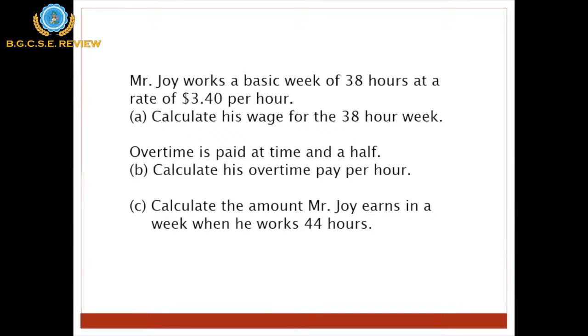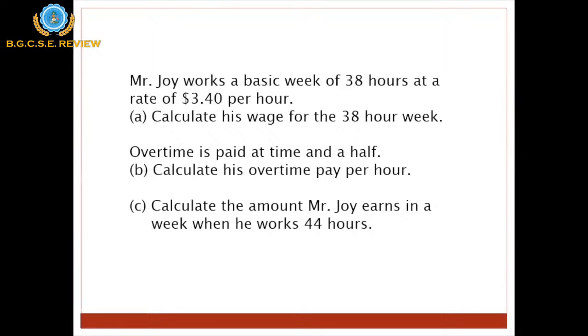Again, I'm going to walk through the steps again. Remember to find the wage, we just multiply the total hours worked by the rate per hour. And then to find the overtime pay for an hour, we're going to multiply the hourly pay times 1.5, and that's because they tell me time and a half.